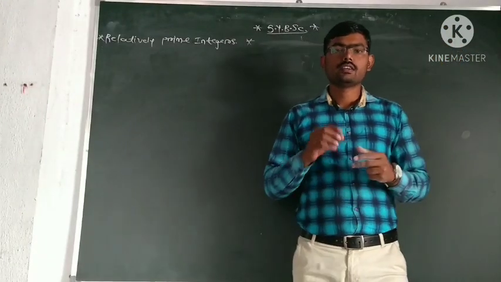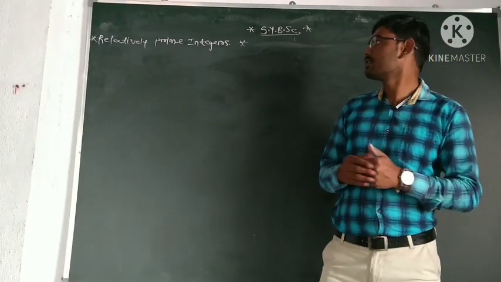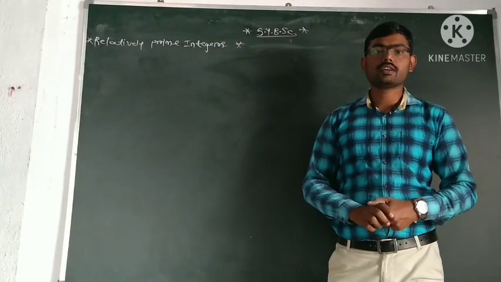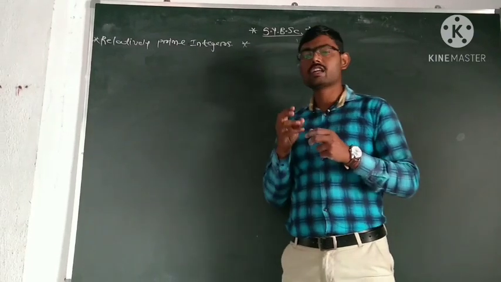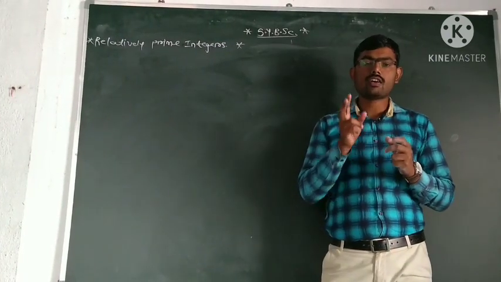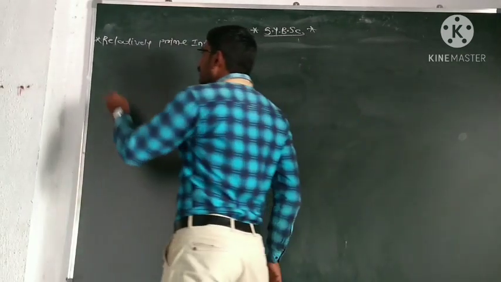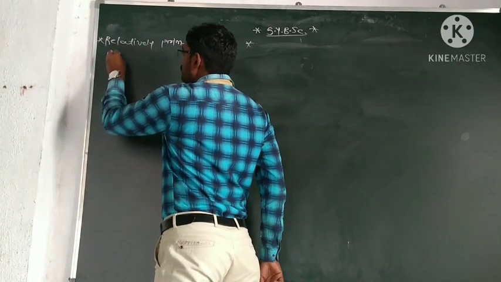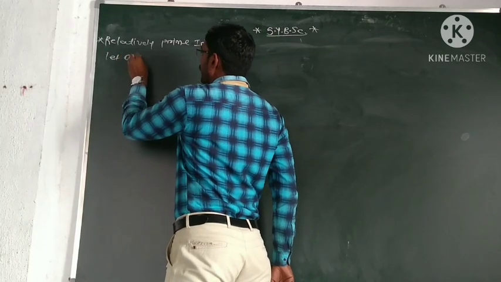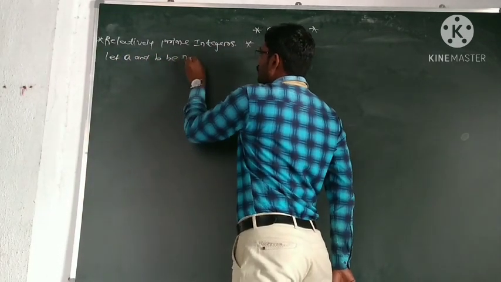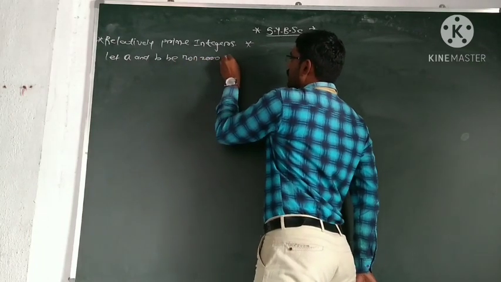Now we will see the next very important definition: the relatively prime integers. The relatively prime integers are non-zero integers whose GCD is 1. Let A and B be non-zero integers.